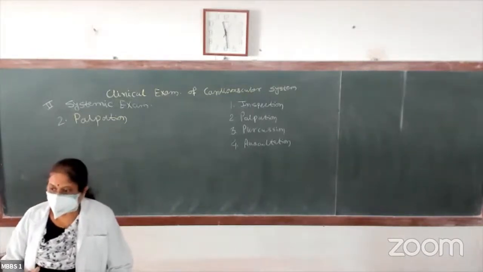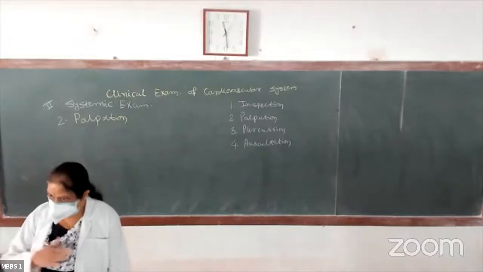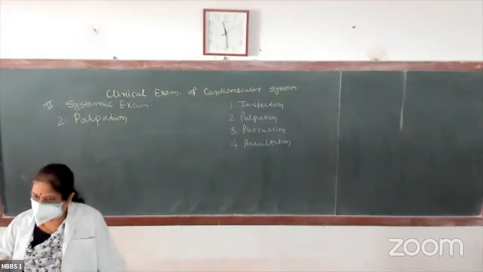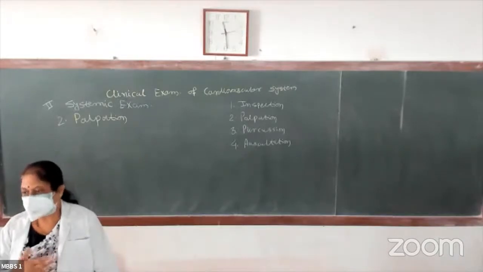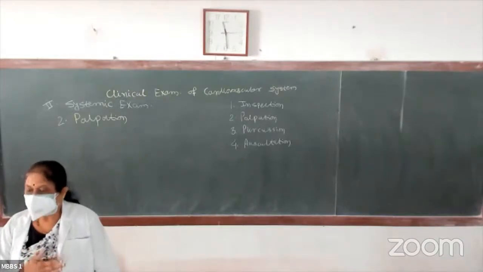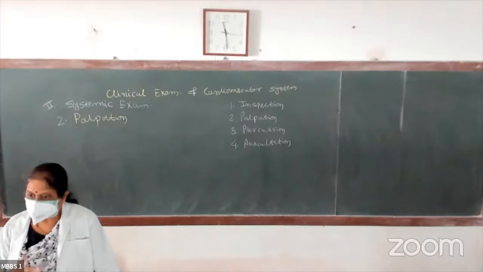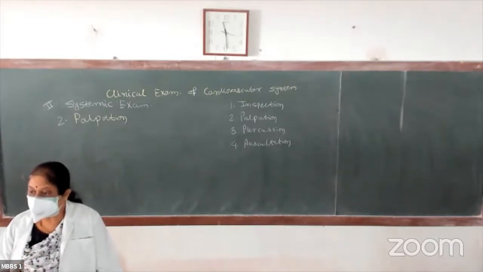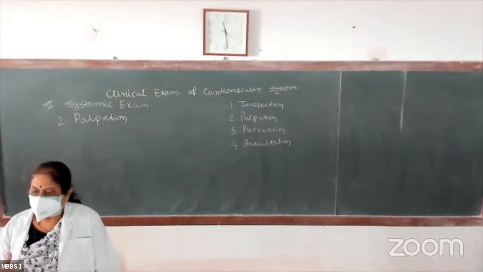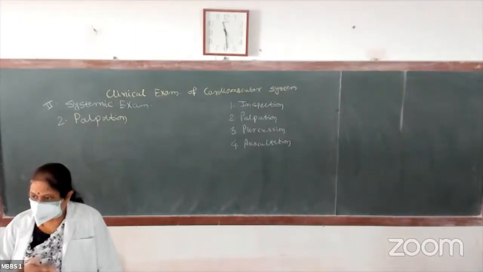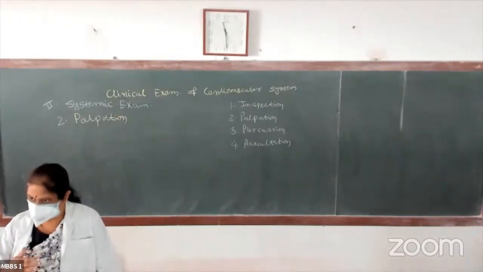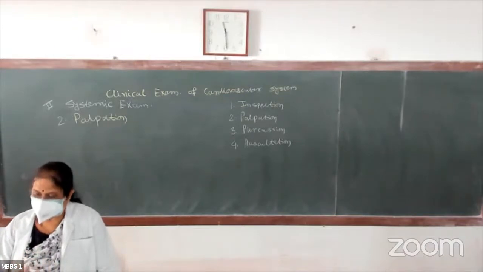And here we have to count the rate for 1 minute. By putting your hand flat on the chest, count the rate for 1 minute. It is the same as the heart rate. Then rhythm, and then the force, the character. If the patient is anemic or there is hyperdynamic circulation, force will be increased.